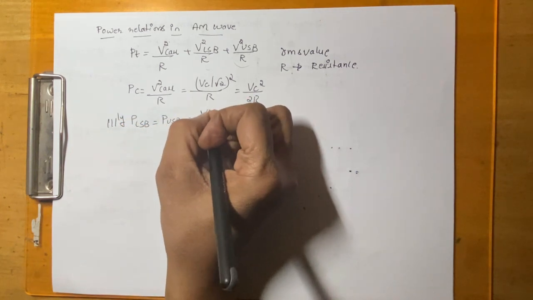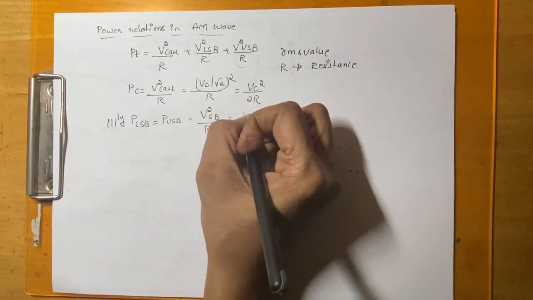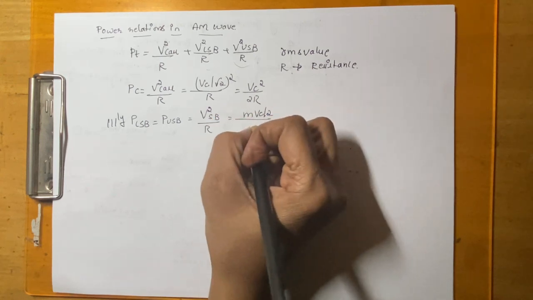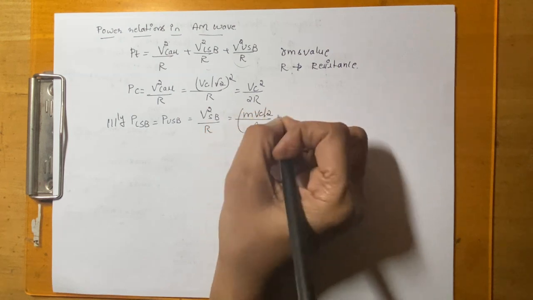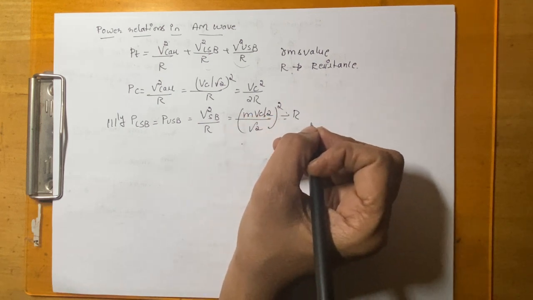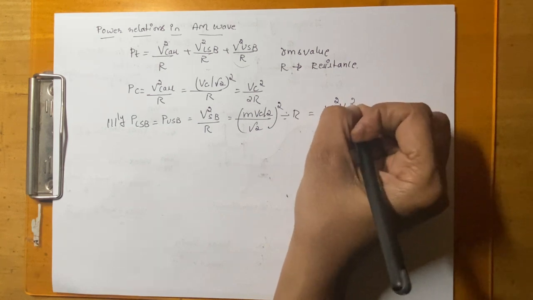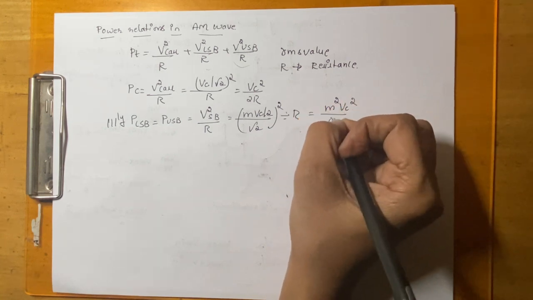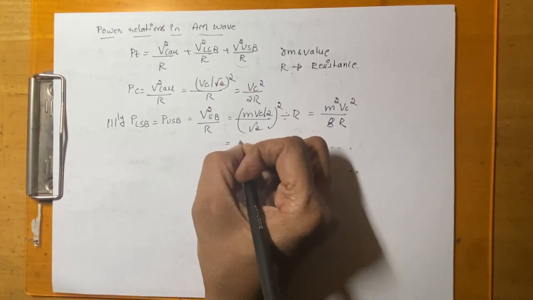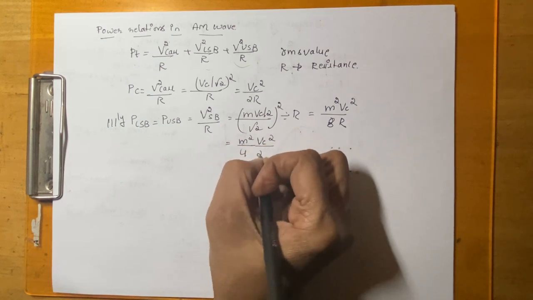So this can be given as V square SB divided by R, which is equal to M into Vc divided by 2 divided by root 2 whole square divided by R. What is this M? M is nothing but depth of modulation, which in turn gives M square Vc square divided by 8R. So that is equal to M square divided by 4 Vc square divided by 2R.